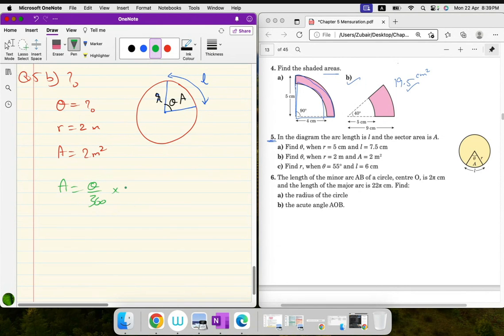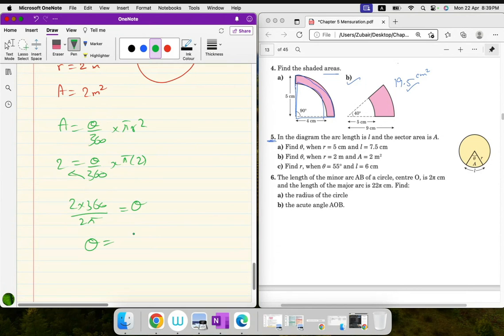Area is angle by 360 into pi r squared. Area is given, angle is unknown, 360. Radius is given, which is 2. So this goes there, 2 into 360, and this comes at the denominator. Theta is equal to 57.3 degrees.